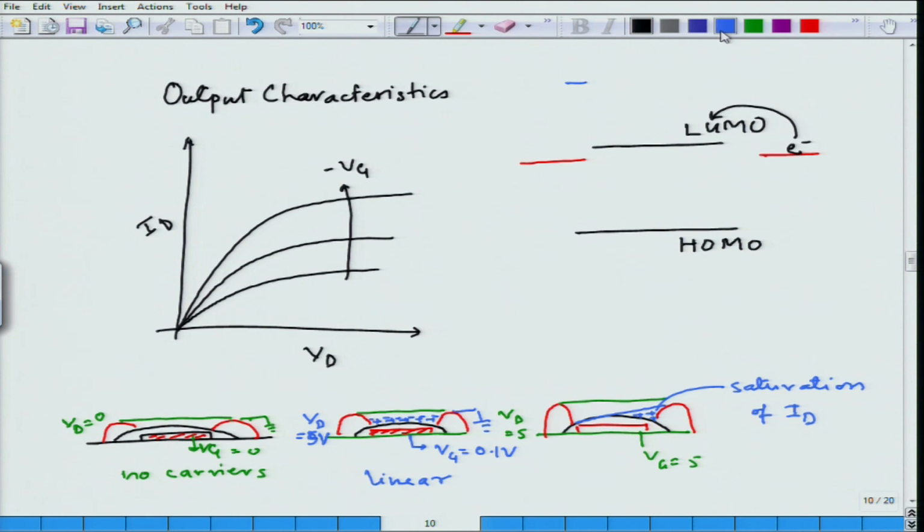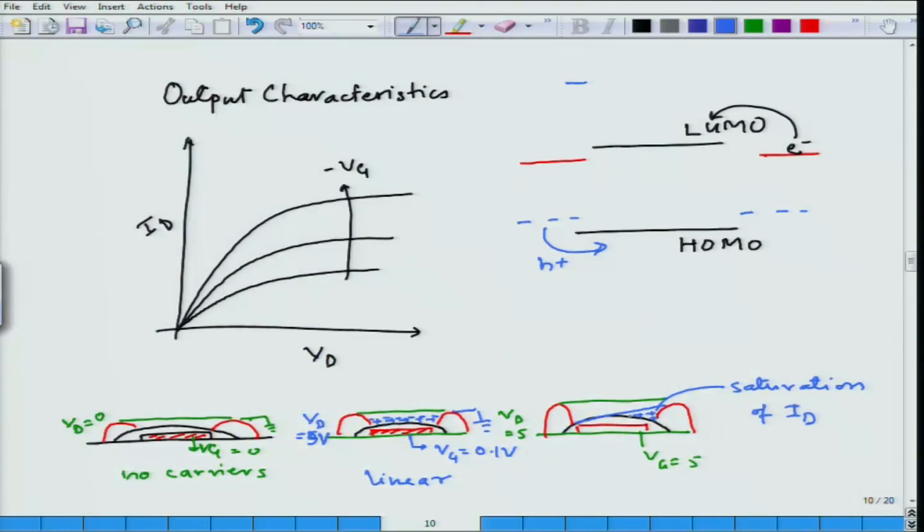On the other hand, if I use a material which is high work function, then it will be the holes which will be injected, and then this will be an N or a P channel depending on what metal I use for drain and source for a given organic semiconductor.